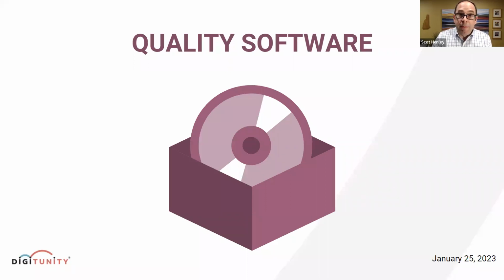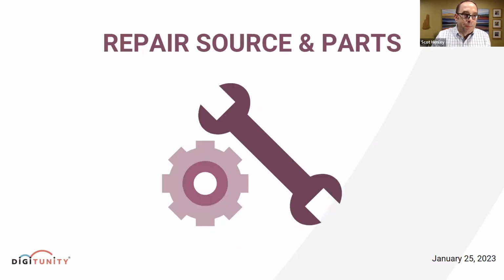Software, safe software, using the right stuff on your computer, having a good browser, having an updated browser, having Word or Office or other things that allow your computer to be useful for everyday tasks. And there we are talking about the repair source, knowing how to get your device fixed.